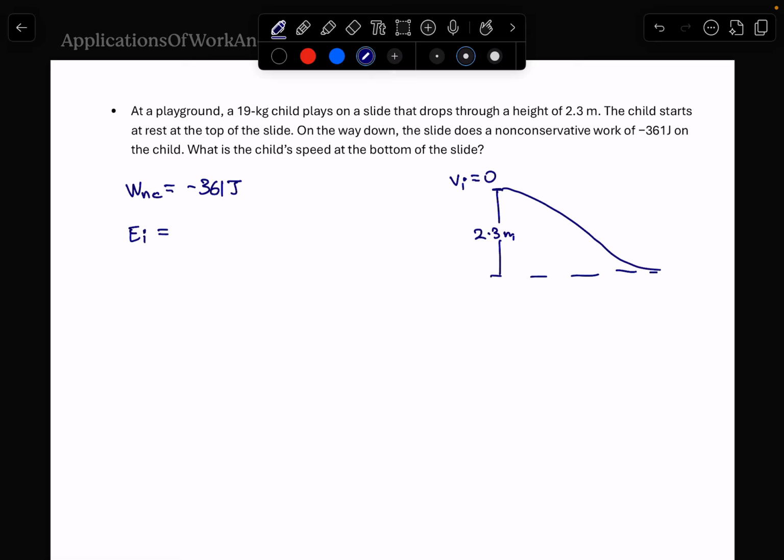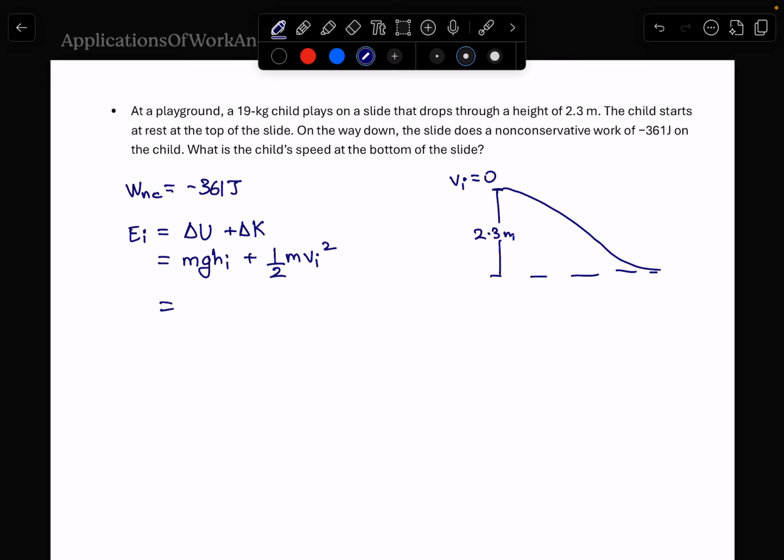We know the energy is equal to delta U plus delta K. So that's potential energy and kinetic energy. So that would be mgh initial plus half m v initial squared.